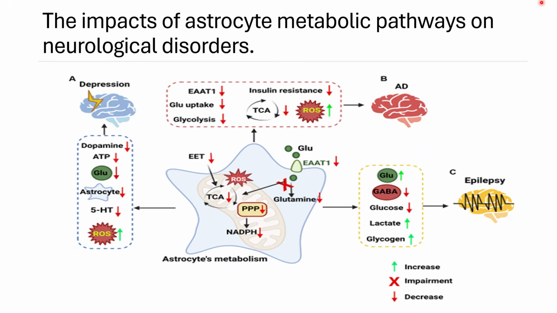Now, talking about epilepsy, let's target the astrocyte metabolic pathway in epilepsy. The astrocytic regulation of metabolic function is paramount in the role it plays when it comes to epilepsy. Epilepsy is caused by the imbalance of excitatory and inhibitory neurons in the brain, which may be a cause of metabolic dysfunction.